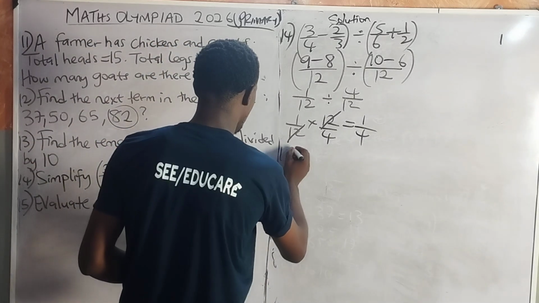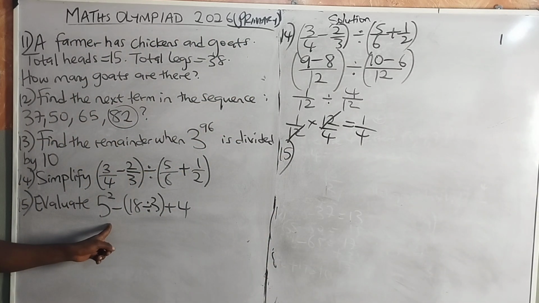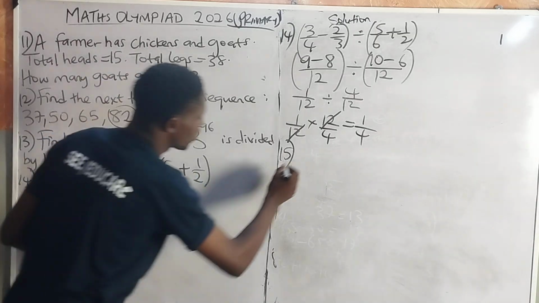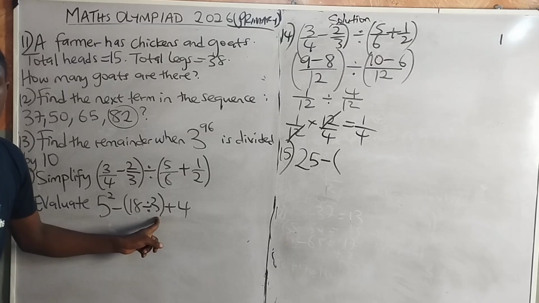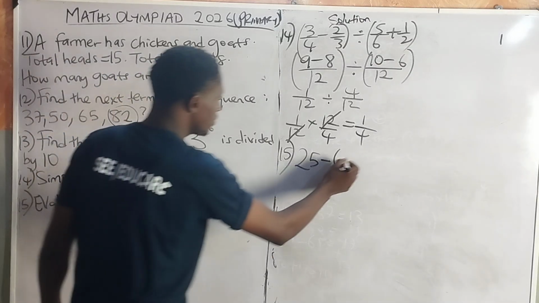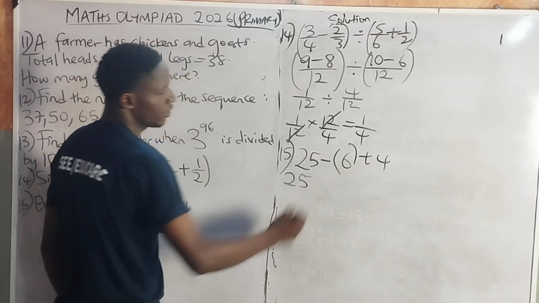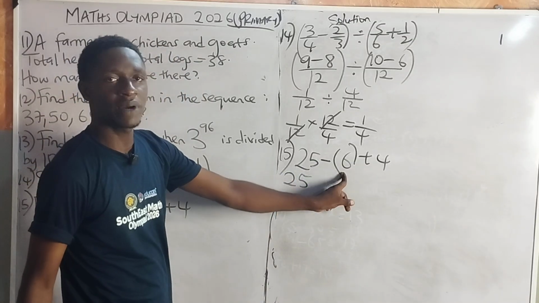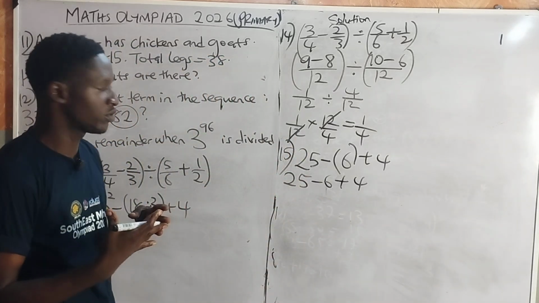Then the last question there, number 15. Evaluate 5 square. 5 square means 5 times 5, which is 25, minus bracket 18 divided by 3 is 6, plus 4. I have 25. Then let's open this bracket. We have minus 6 plus 4. Let's bring the ones that have positive together.